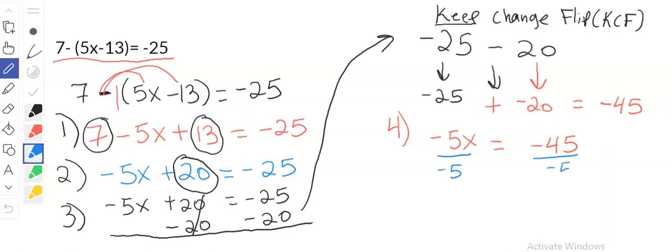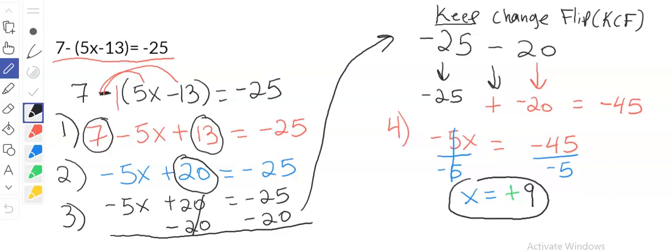We divide that, and x will equal, since a negative divided by a negative equals a positive, we know that the answer has to have a positive sign. And just think of it simply as 45 divided by 5. It will simply give you a 9, but a positive 9, okay?